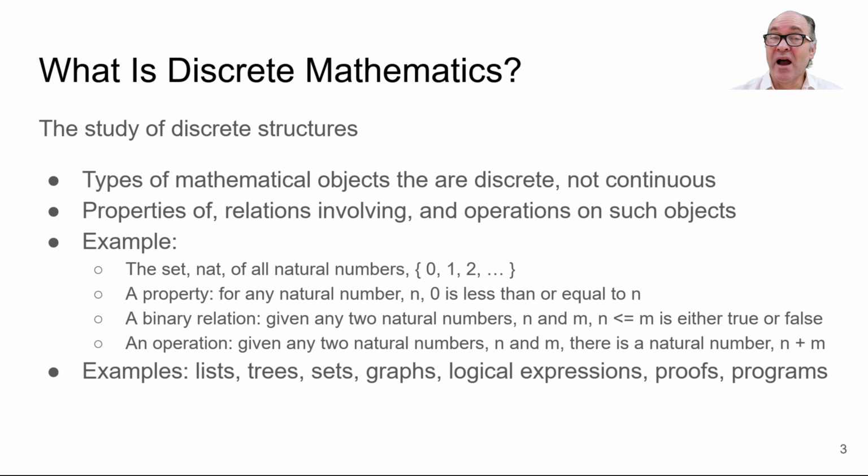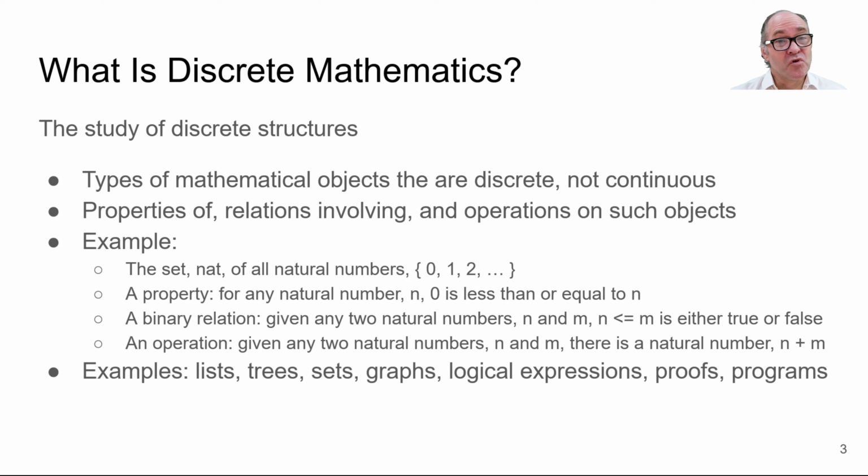Sets of objects, graphs, which you may or may not know about in computer science, very beautiful field of study, the study of graphs as discrete structures. And also languages, formal languages that we use in computer science for programming as well as for specification and other computer science activities. Formal languages are discrete structures.